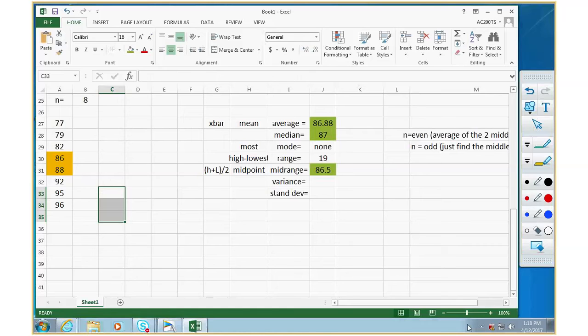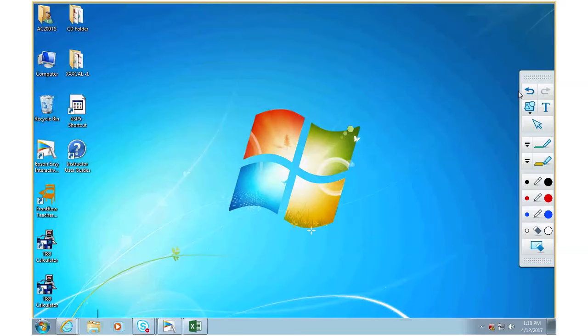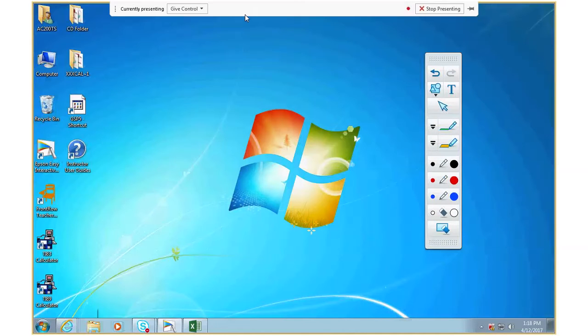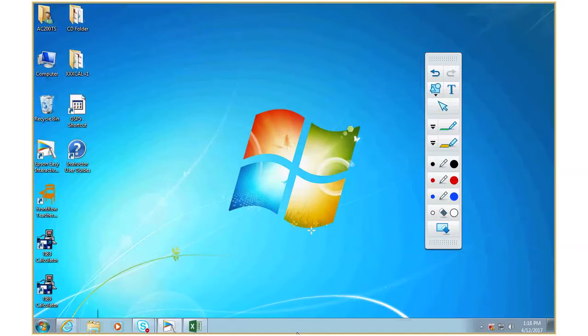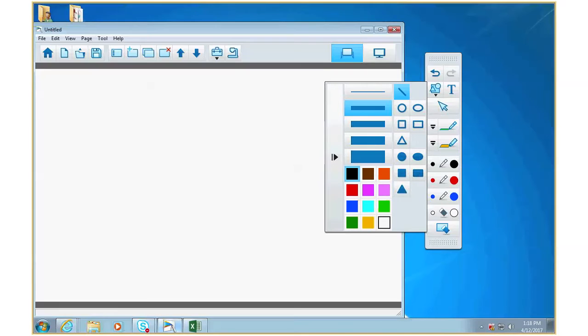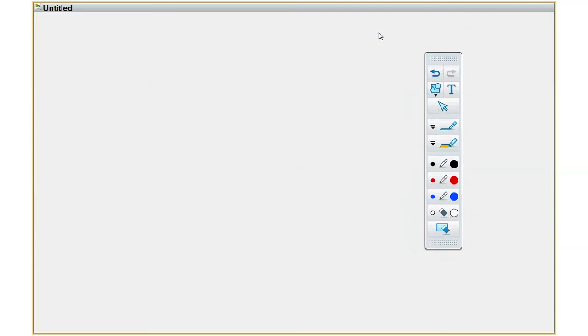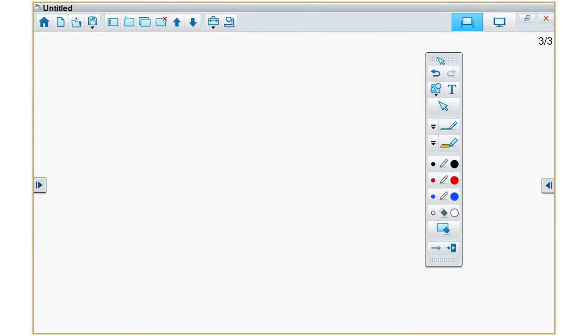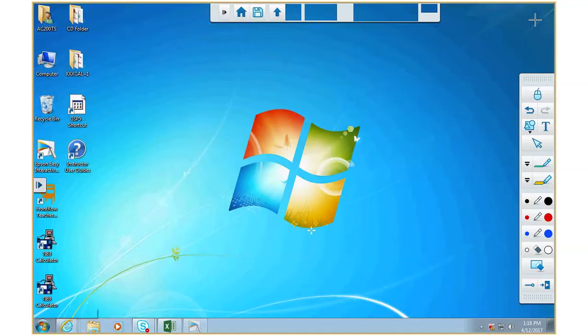I don't know why it's doing what it's doing. I don't even have a menu, I don't have anything. There it is. That's why it was on whiteboard. There. Now we're cooking with peanut oil.